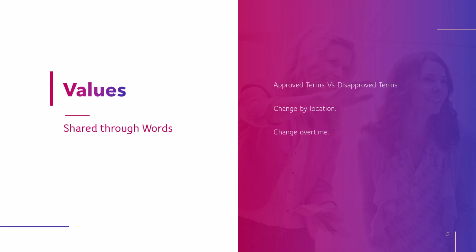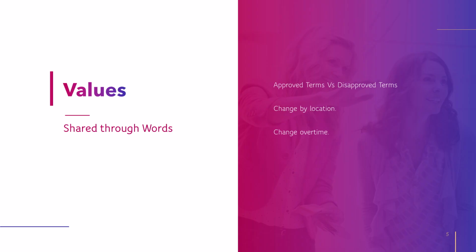We share our values through verbal communication. Now, values are an interesting subject because we don't always explicitly say, these are our values and we expect you to do and say these things and not say these other things and act this certain way and don't do this.